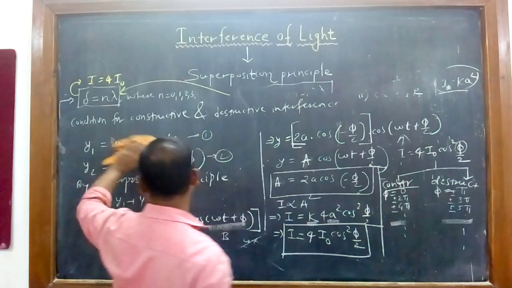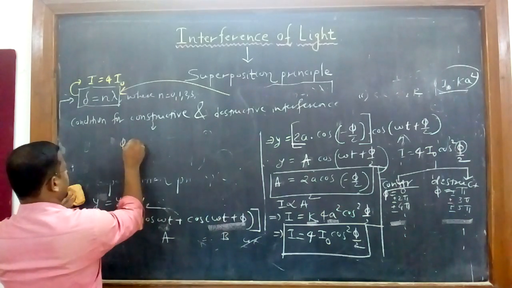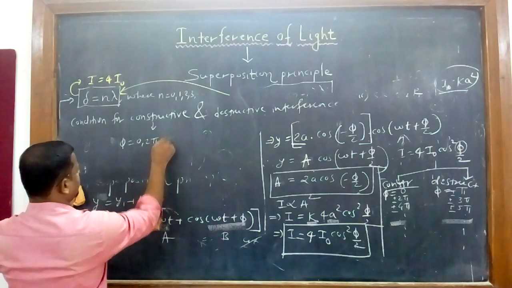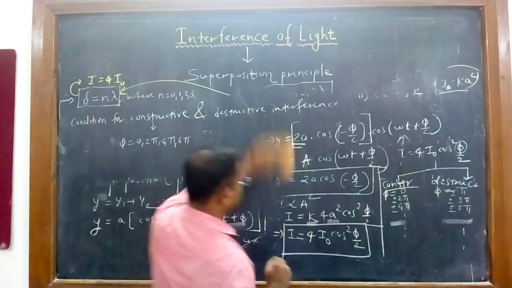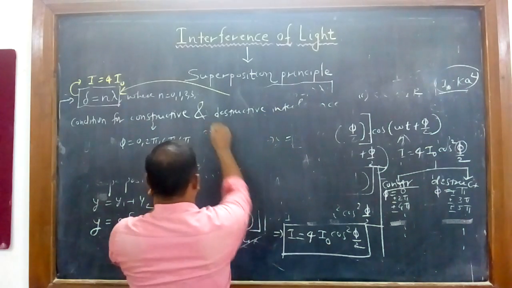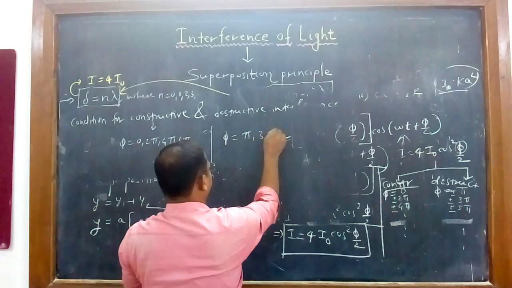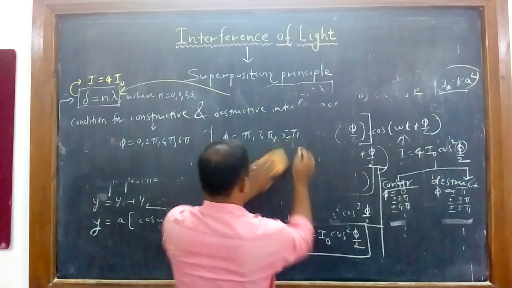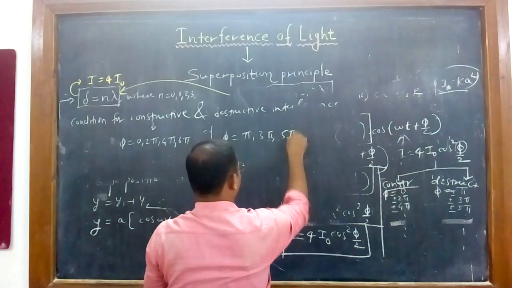So you will have constructive interference for phi equal to 0, 2 pi, 4 pi, 6 pi, like this, and you will have destructive interference for phi equal to pi, 3 pi, 5 pi, so on up to.